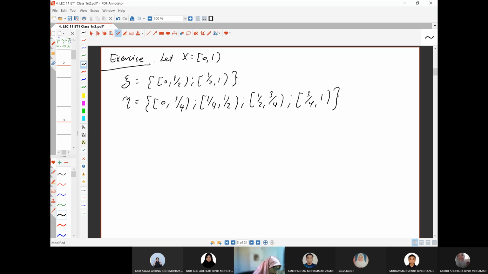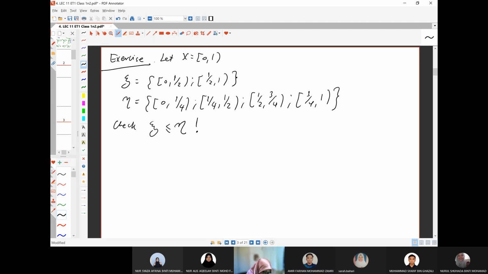Okay, so now I want to check whether psi is less than or equal to eta or not. Are they less than or equal to eta? So how can you check? First you need to look at the partition elements in psi and also in eta, so they are actually refinements, correct?